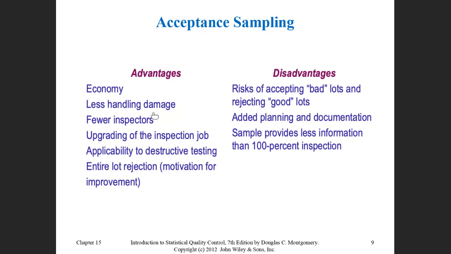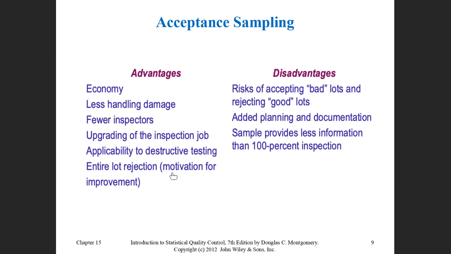There is less handling damage, as we said, for the example of the destructive testing of cars, which they crash to examine the safety. It is going to be less when you do a sample compared to testing all the lots. Fewer inspectors, upgrading of the inspection job, and applicability for destructive testing.